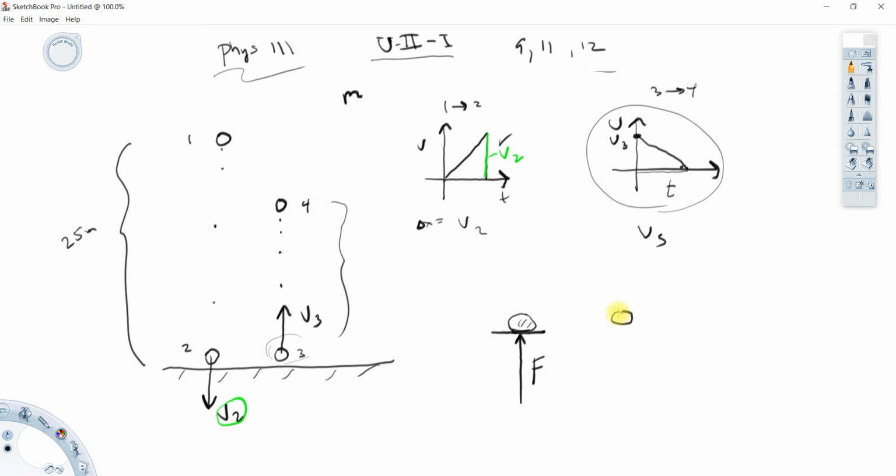Imagine this rock, and here's your fingers, and here's the ground, and it's just sitting there. That's no problem. You won't have any issue with that at all. However, if the rock was dropped from 20 meters high, and lands on your fingers when they're laying on the ground, you'll probably bust them. So the moral of that story, that force interaction between the rock and the ground is very large compared to the weight of that rock.